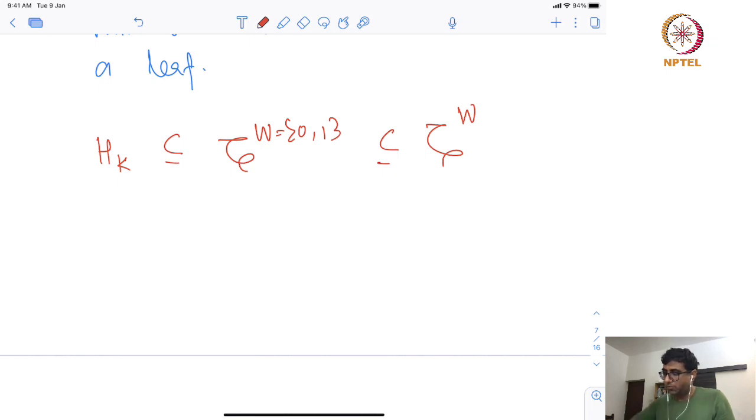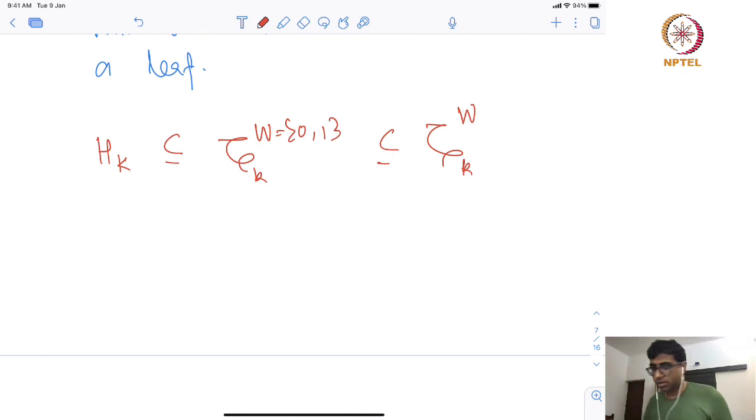With 0, 1, it is only those weight functions. So what we have shown is that if you have a graph of treewidth at most k, then it has a weighted balanced separator. So this is what we have shown, that H_k belongs to this family of graphs.